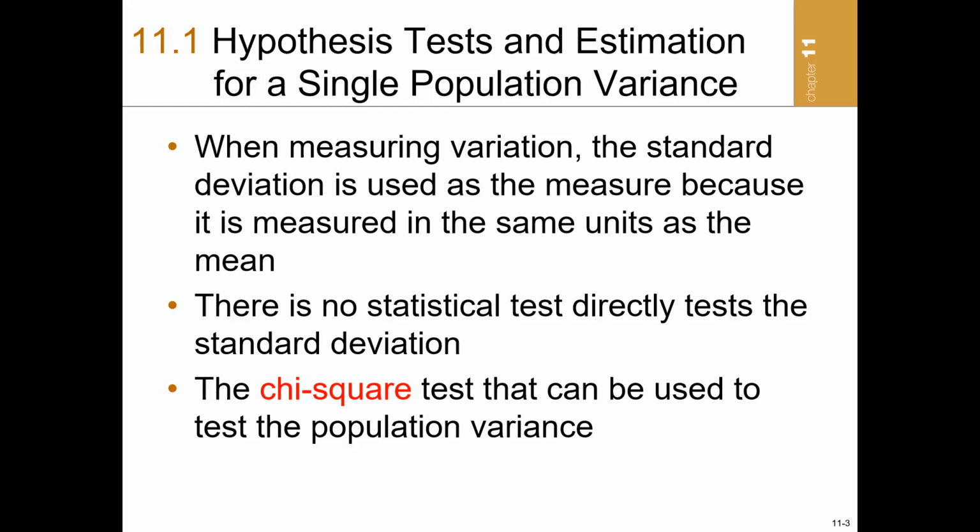Now, there is no statistical test that tests the hypothesis for standard deviation directly, but we can approximate it using what we call the chi-square test. So in this video, I'm going to teach you how to read from the chi-square table.